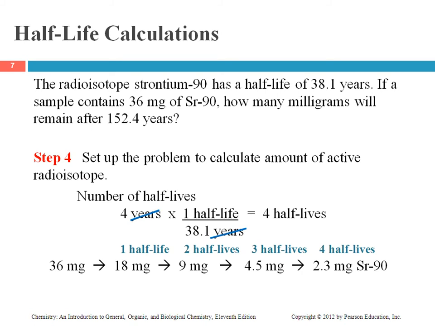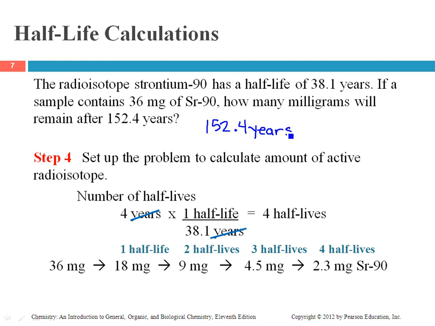Okay, the first thing that I would do here is, let me get my pen. We want to know how much is going to be left after 152 years. How many milligrams?